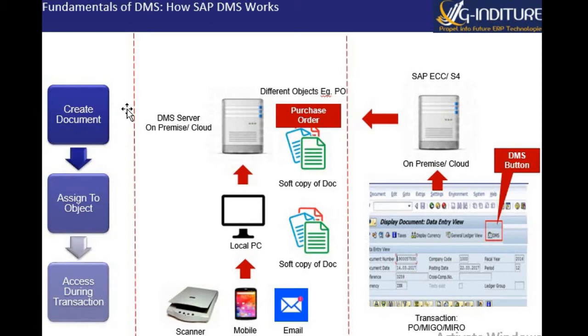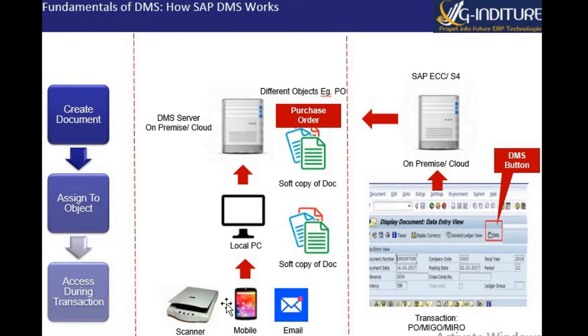When you come to the S4 side, during the transaction, these objects are accessed and all the PDFs and documents attached to the object can be accessed during the transaction in S4. So if we follow this slide, there are 3 steps for the DMS: creation of the document, then assignment of the document to the object, and then finally accessing it during the transaction in S4.